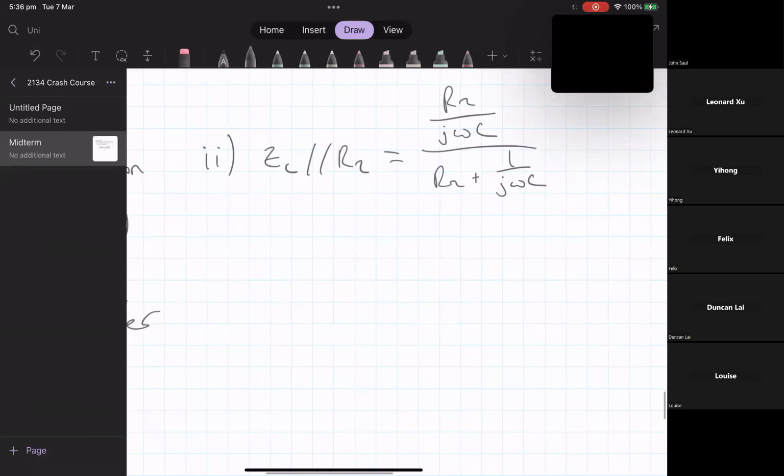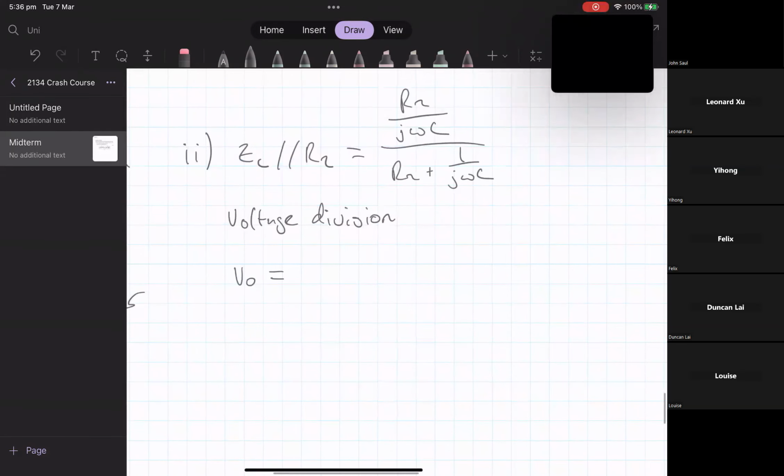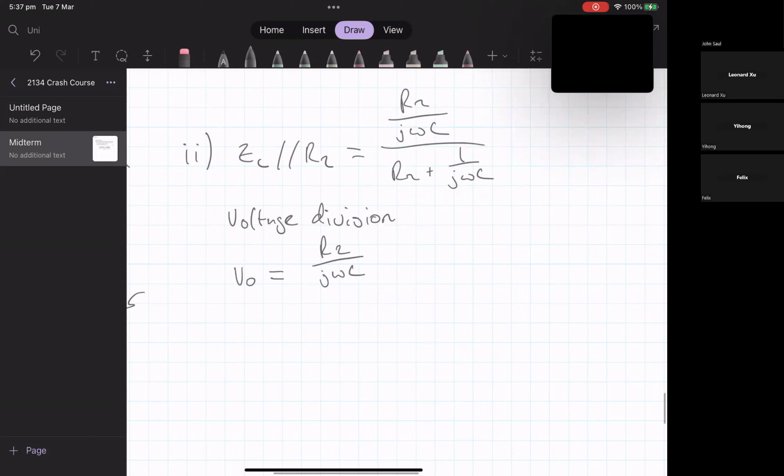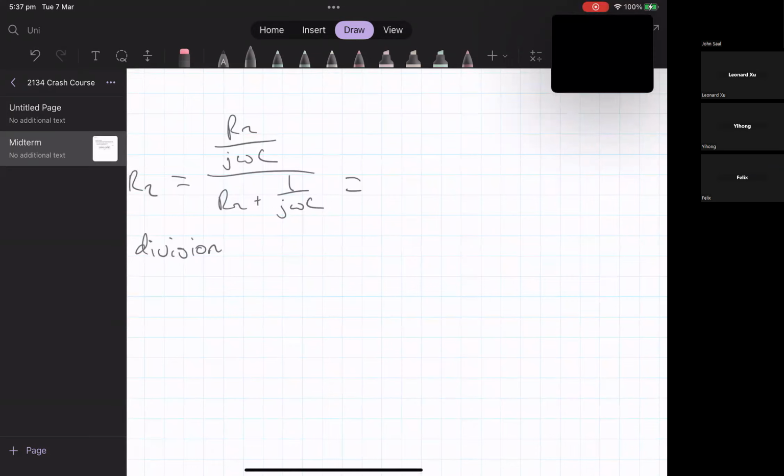And then using voltage division again. I'll simplify first to be a fraction. Again, multiplying through top and bottom by j omega C.